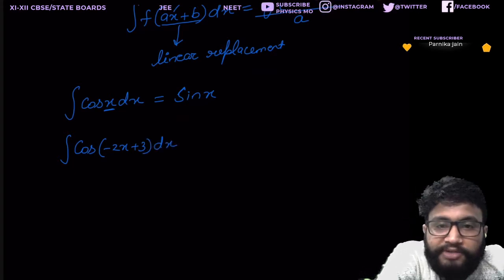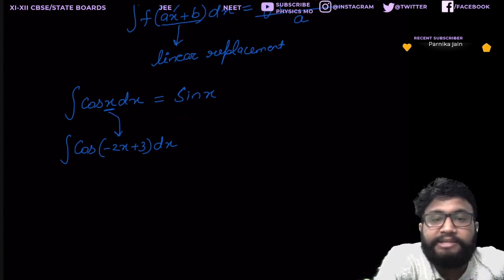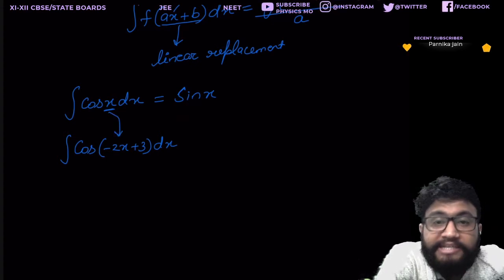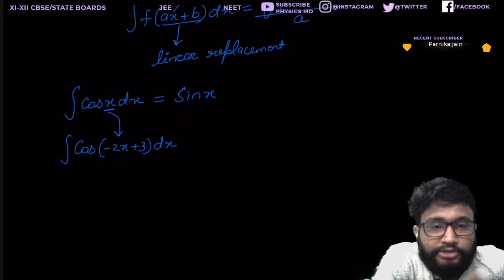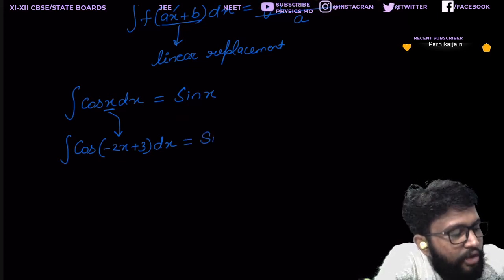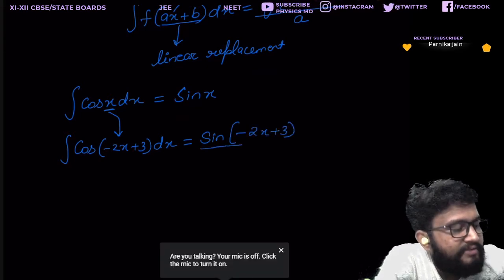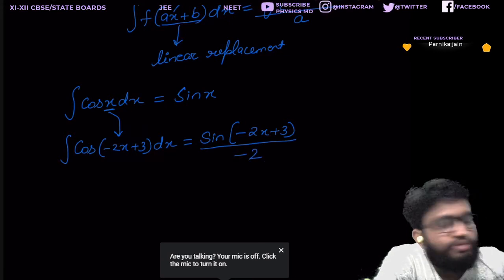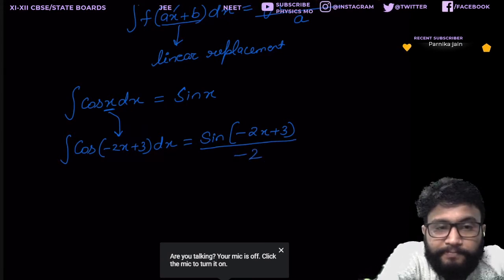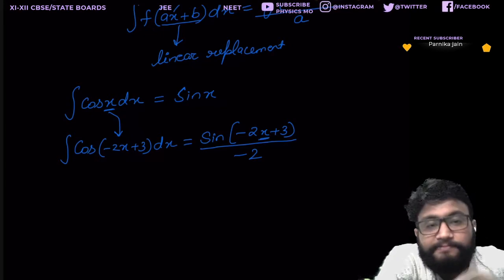So what you have done is you have replaced this x something like this. आपने उस x को linearly replace कर दिया है. So what you will find is this will be equals to sin of x की जगह पर जो भी replacement किया है like minus 2x plus 3 and then divide it by minus 2 at last. You have to divide with the coefficient of x.